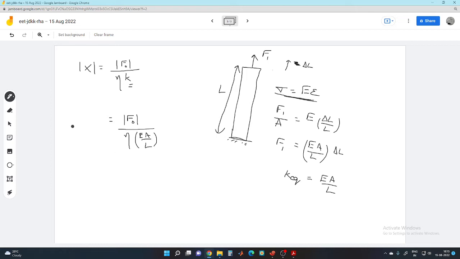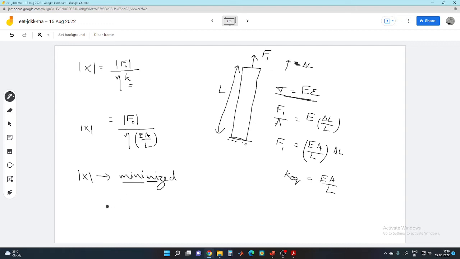This is the expression for mod of X. Now this mod of X is to be minimized.